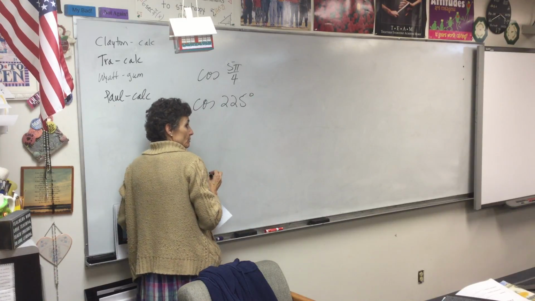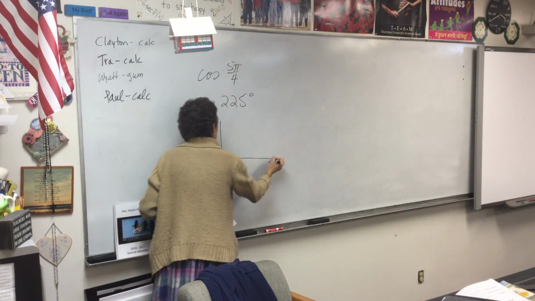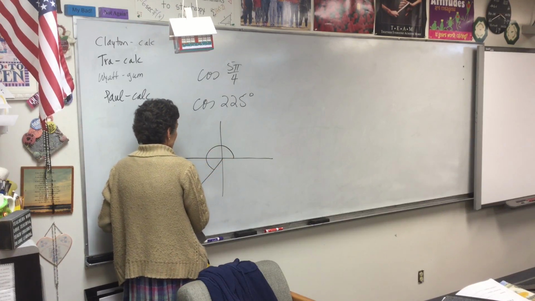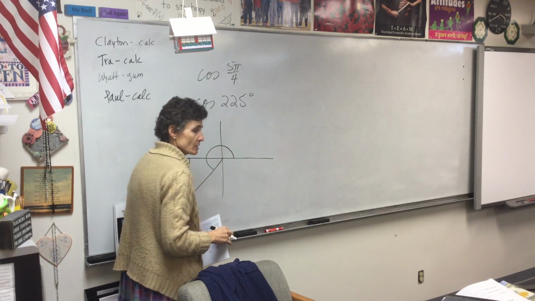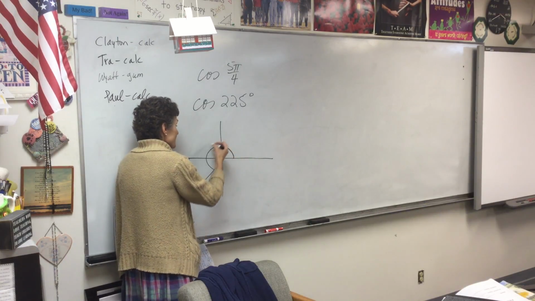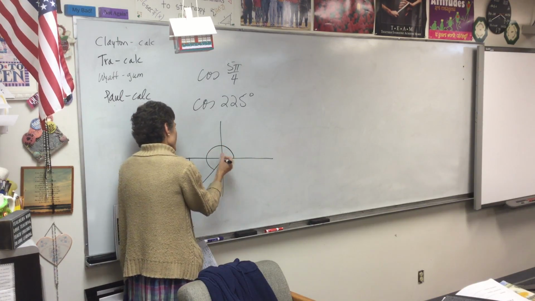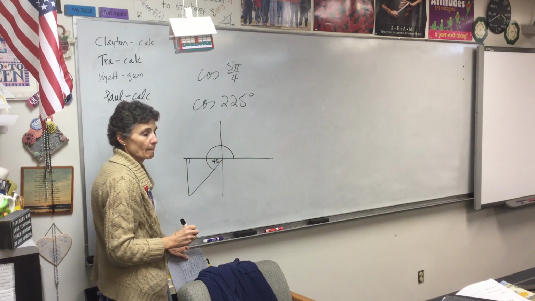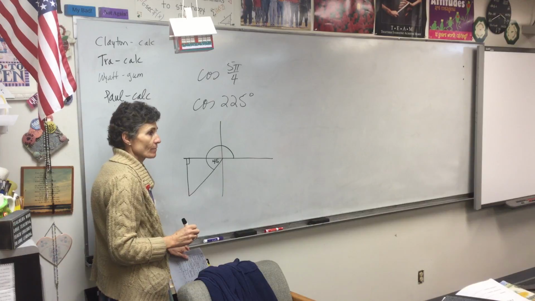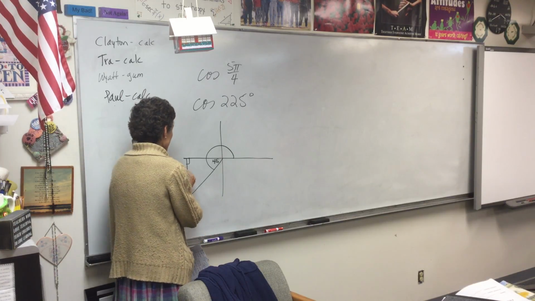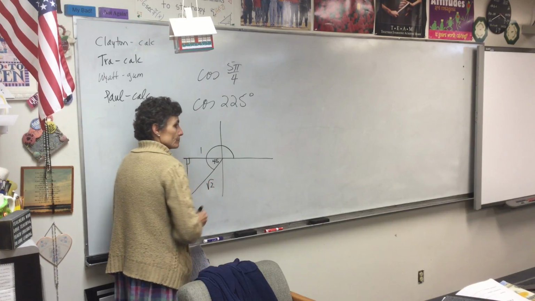Then draw a 225 degree angle and make a butterfly bow tie triangle. If this is 225, then this angle is 45. And the minute I do that, I can label the sides 1, 1, root 2.